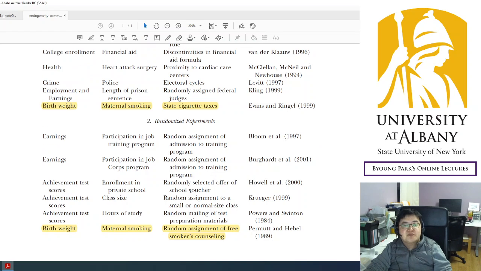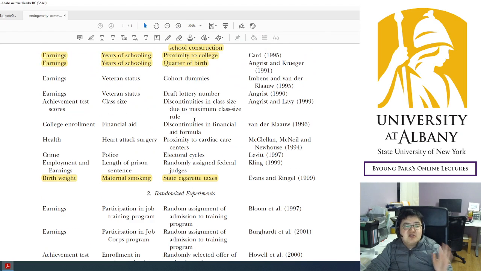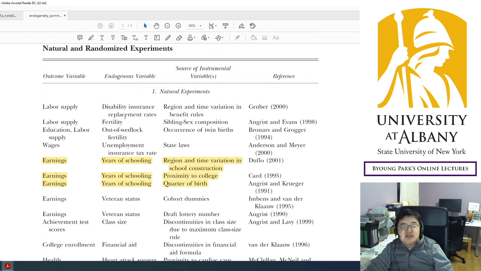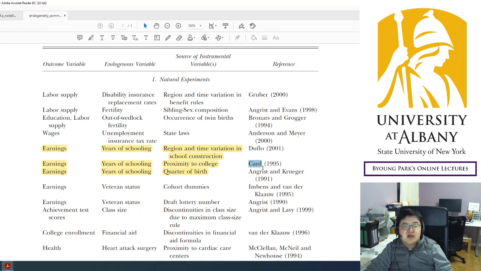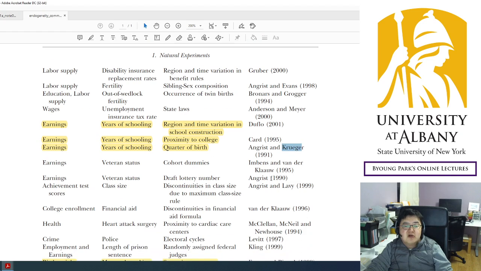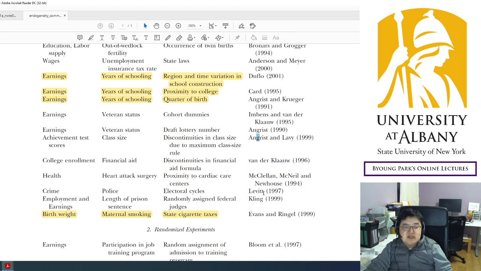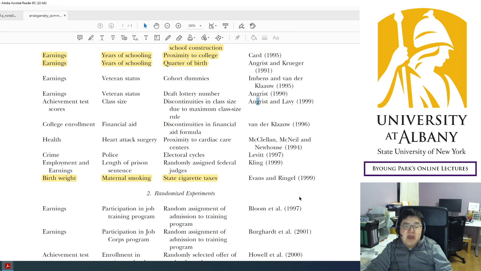So you may have a look at those examples; there are many interesting examples. Maybe later I may have a chance to talk a little more, especially if you see famous names like Angrist, Duflo, Card, Imbens, Krueger. Those names are the major players in this literature.